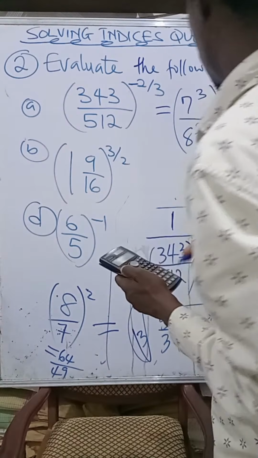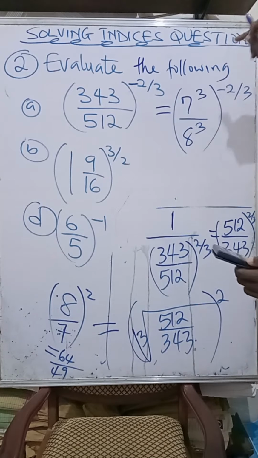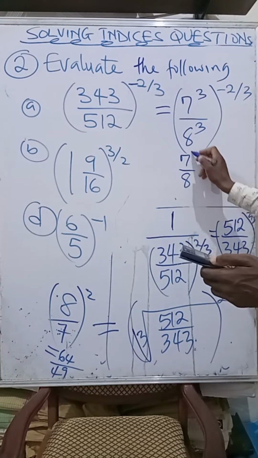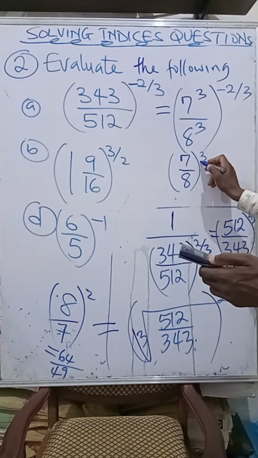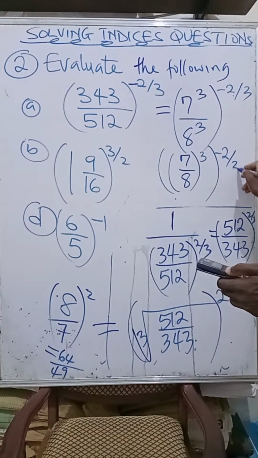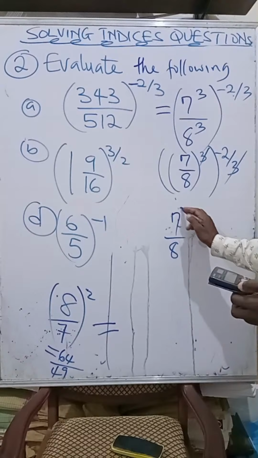Yeah, that's 512. The power here and the power here, they are the same thing. So you can just make it to be what? 7 over 8 to power 3. Okay, and then times again the external power. So this 3 and this 3 will cancel. Then you have what? To power minus 2.